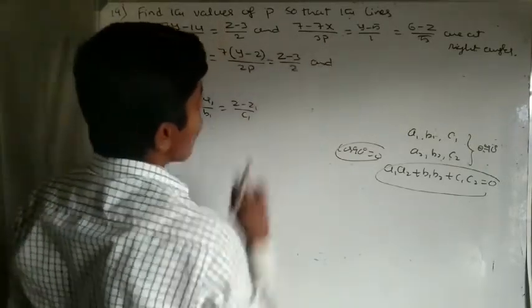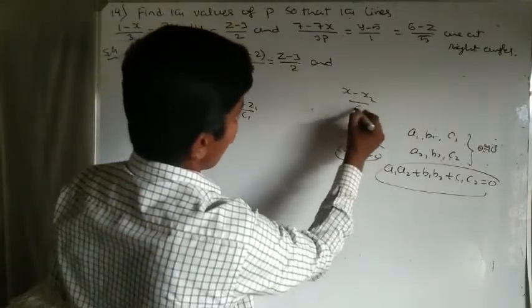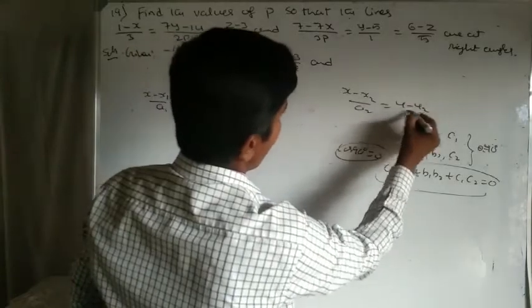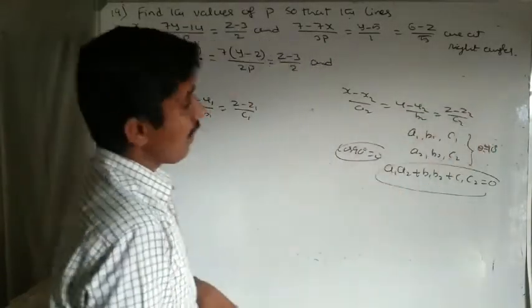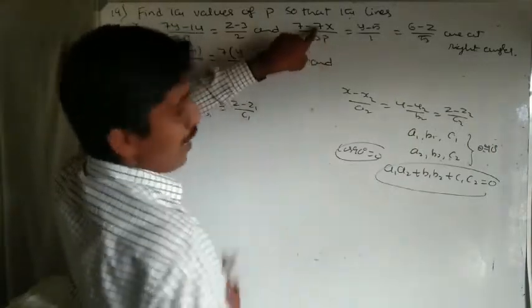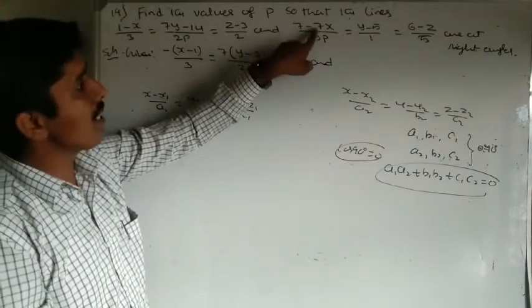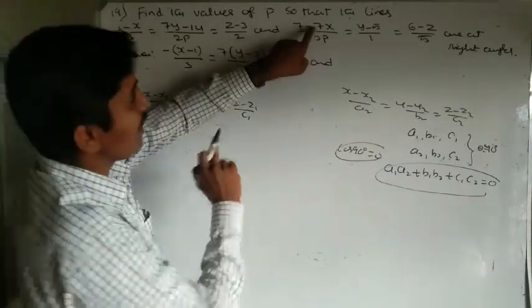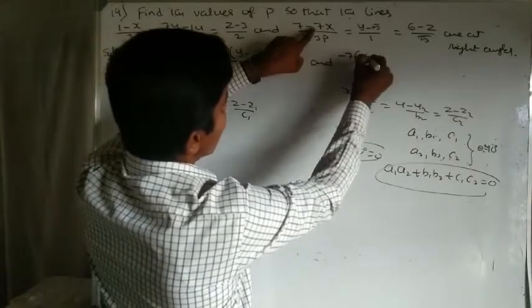And the second one also: x minus x2 by a2 equal to y minus y2 by b2 equal to z minus z2 by c2. Very important: here the x coefficient is minus 7, but in standard form the x coefficient is 1. Therefore, I am taking minus 7 as a common factor in the numerator.